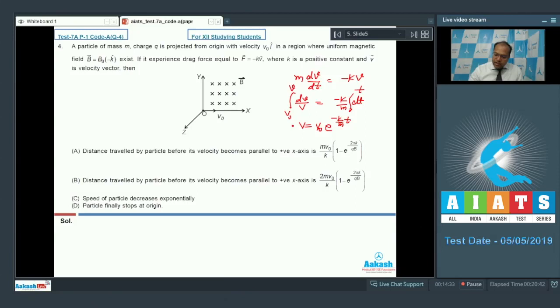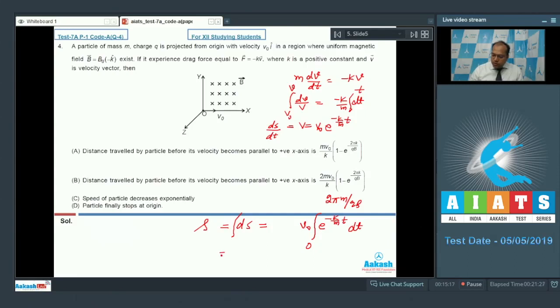So this v can be written as ds by dt, and on further integrating we can say that ds is equal to v0 e raised to the power minus k by m into t into dt, and that integration limit is from t equal to 0 to 2 pi m divided by qB. So this is equal to the distance traveled if I integrate this.